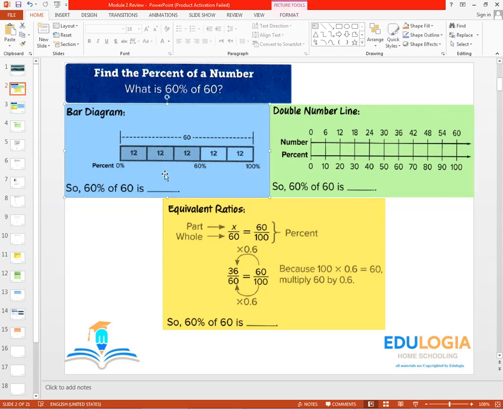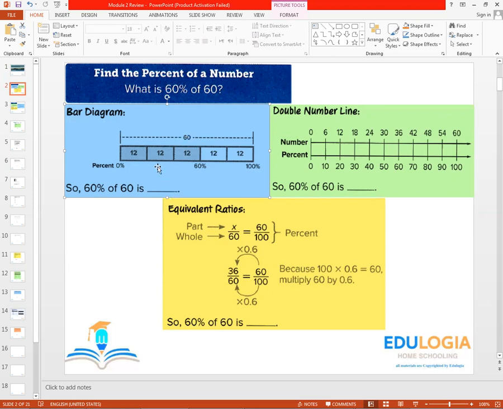The first way to find 60% of 60, I have to divide 100% into 5 parts, and each part represents 20%, and the 60, I have to divide it into 5 parts also, and each part equals 60 divided by 5, it's 12. So 12 here, multiplied by 5 rectangles, it's 60.